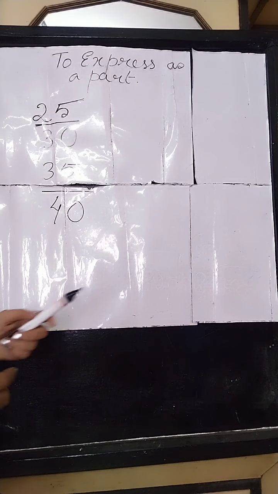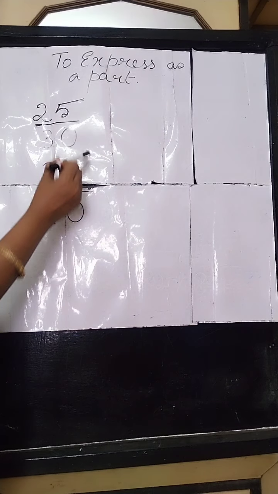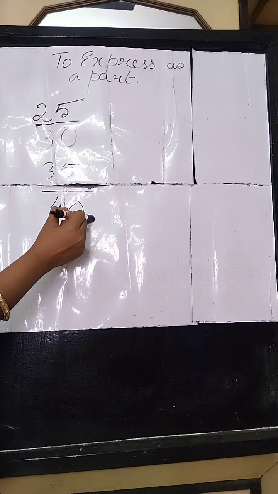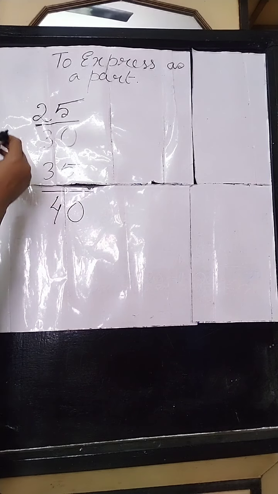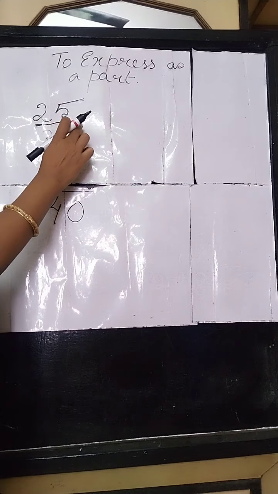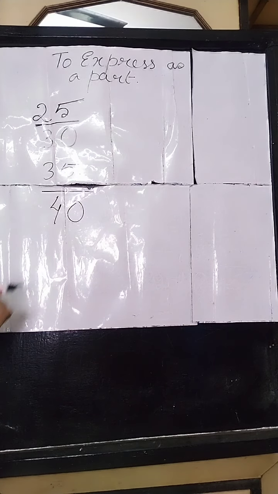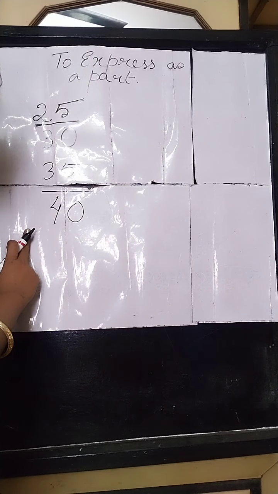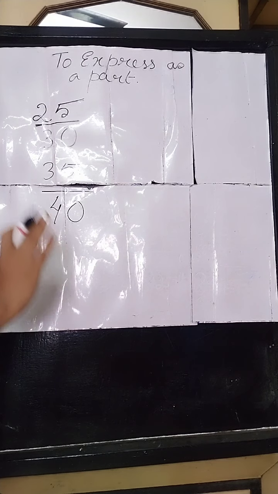What we need to do is, we need to equalize the denominator over here. See, the denominator over here is not same. You have scored 25 out of 30, whereas your friend has scored 35 out of 40. So the denominators are different. First, we need to equalize the denominator.